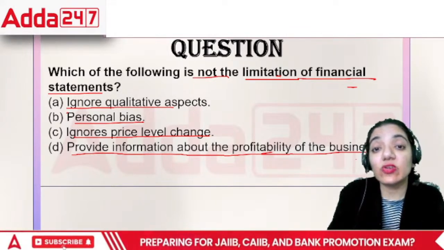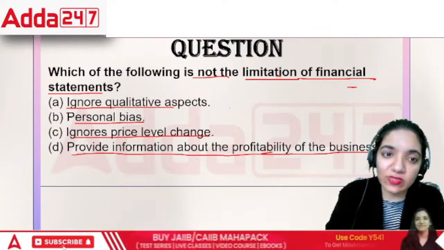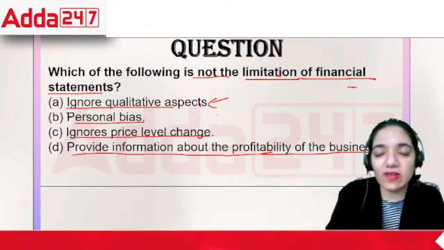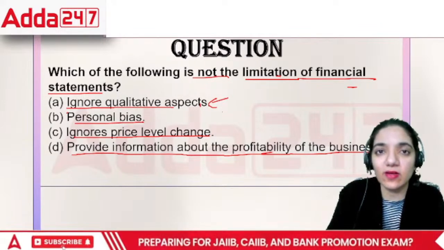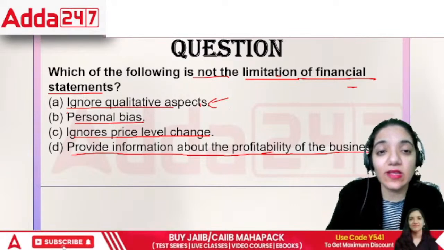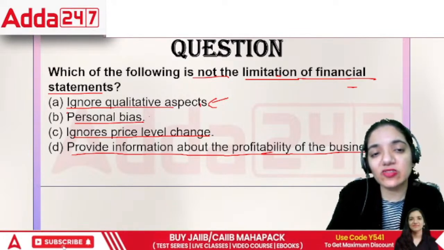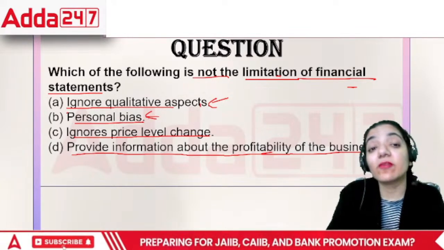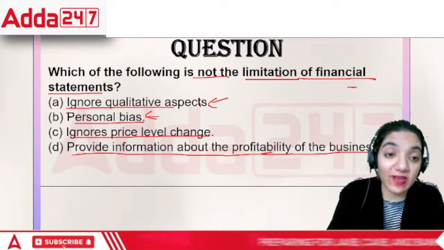It ignores the qualitative aspects, correct. It does not include any of the qualitative aspects at all. We cannot record loyalty of a particular person. Can we record the emotions of a particular person? No. Then personal bias is also there. People can manipulate the accounts as and when they want because they're looking at it from their point of view, not from the point of view of the government, right?